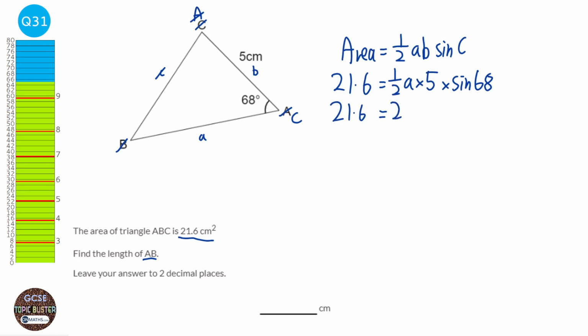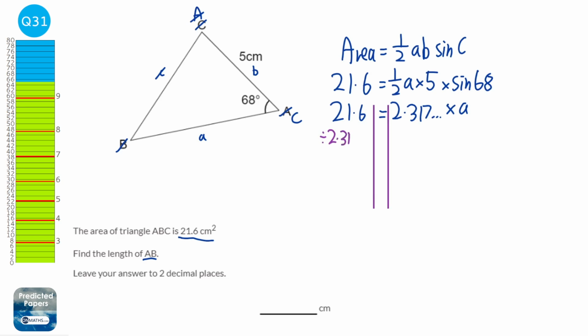And that's going to be 2.317 blah blah blah. That's times a. And then we're going to do a bit of solving, because if we divide both sides by that 2.317 blah blah blah, that'll give us what a is. So when we do that, we get 9.318 blah blah blah equals a.